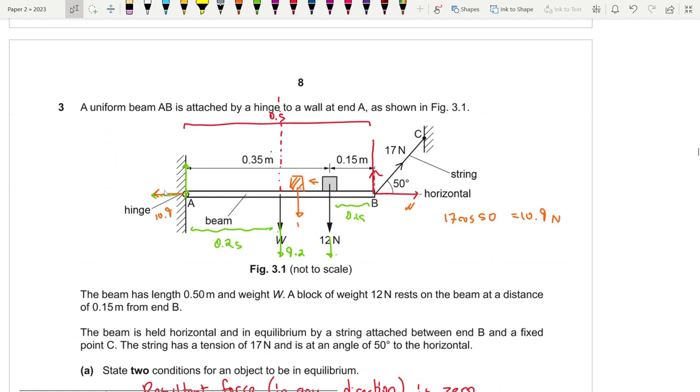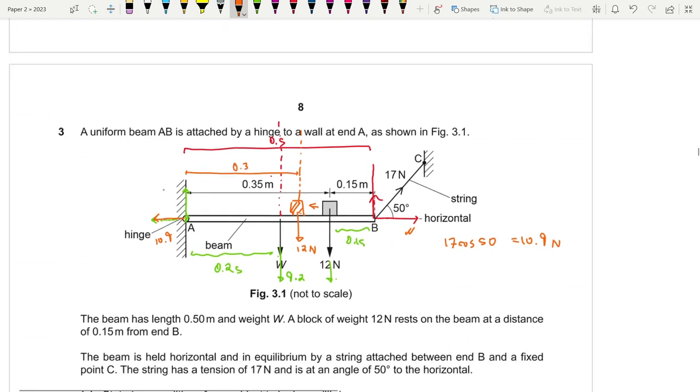As a result, it still has the same weight, 12, but the net clockwise moment decreases. For example, why don't I just give you guys an example? What if this length is now in total 0.3 rather than 0.35?